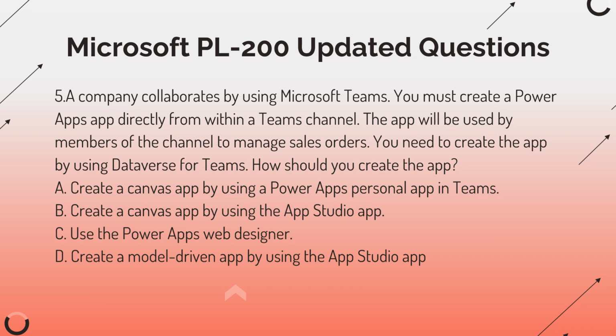A. Create a Canvas app by using a Power Apps personal app in Teams. B. Create a Canvas app by using the App Studio app. C. Use the Power Apps web designer. D. Create a model-driven app by using the App Studio app.